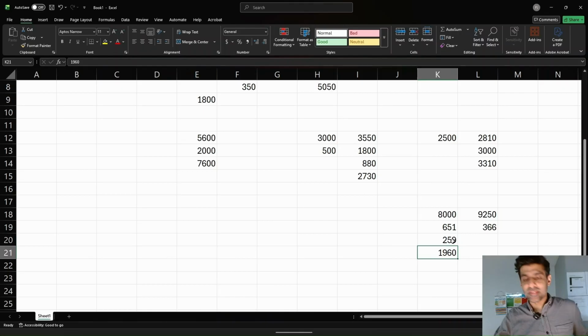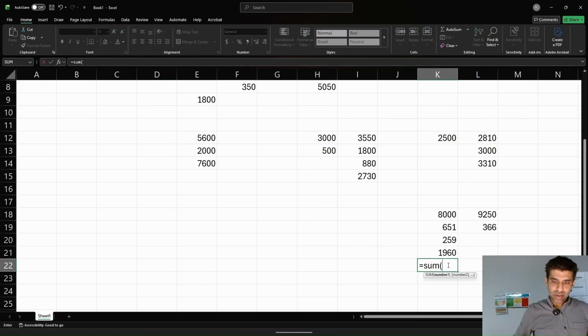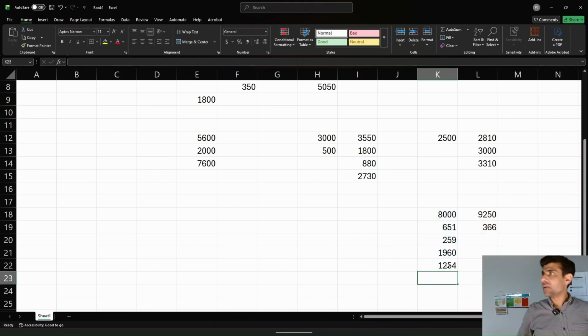So I know it's a debit balance just because I quickly did a little sum here. But now I can actually do the calculation. Sum of this left debit side minus the credit side. Okay, 1,254 debit balance.